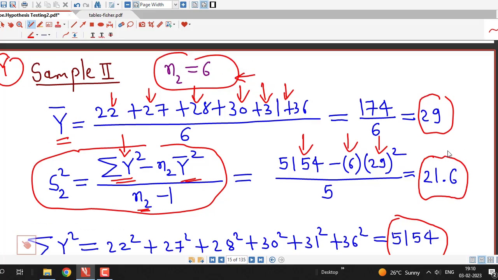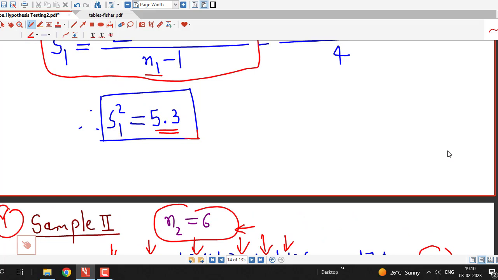21.6. So now we have sample variances for both the samples, and we assume that the two populations are normal and independent also.